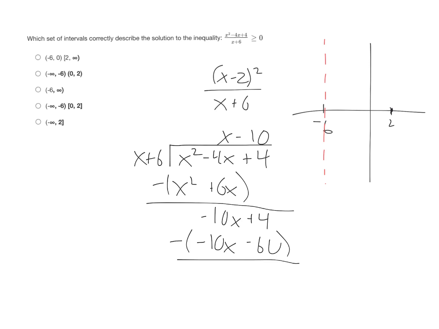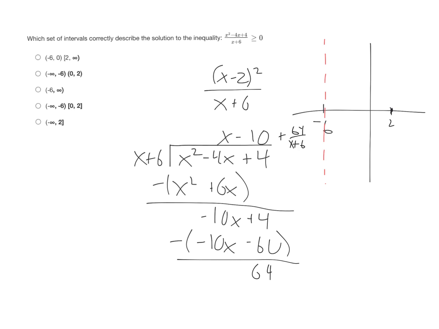Subtract, and that is 64. Now, that 64 has a lower power of x than this first term out here, so I know I'm done. The 64 is my remainder. So I write this as plus 64 over x plus 6.